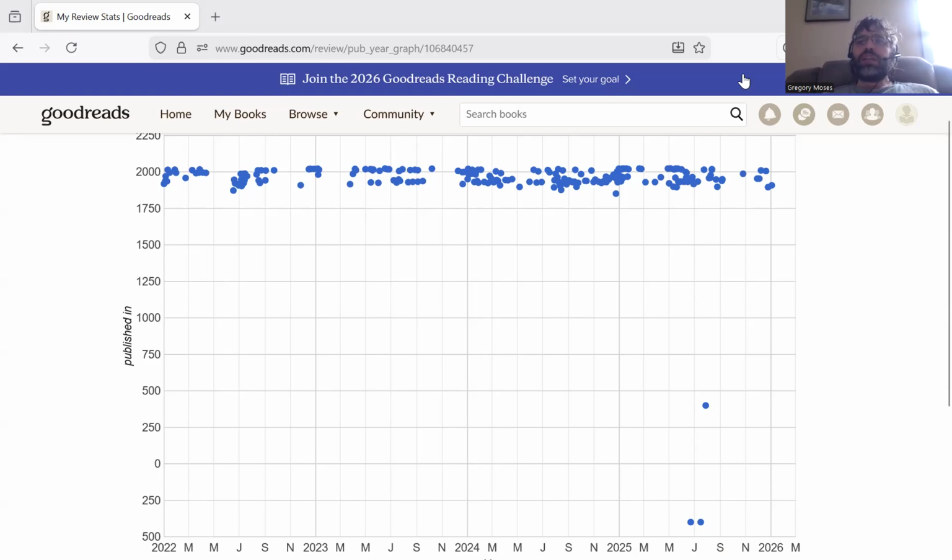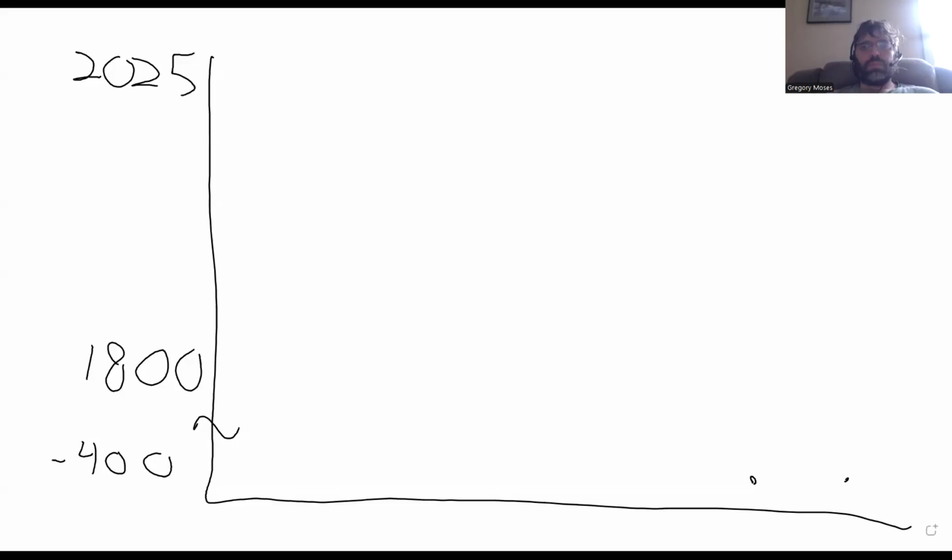I mean, a very common strategy would be something like this, where when you create the graph, you don't insist on the y-axis being perfectly to scale, and you put some kind of symbol here to indicate there's a lot of blank space here, but nothing's happening in it. I don't care about it.